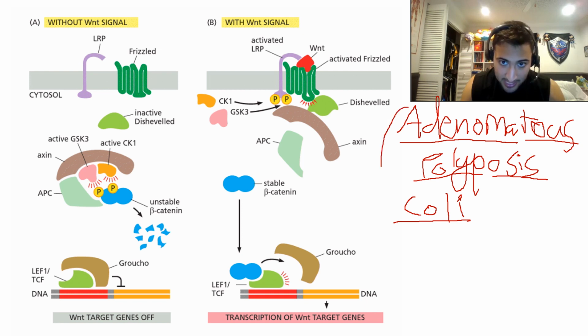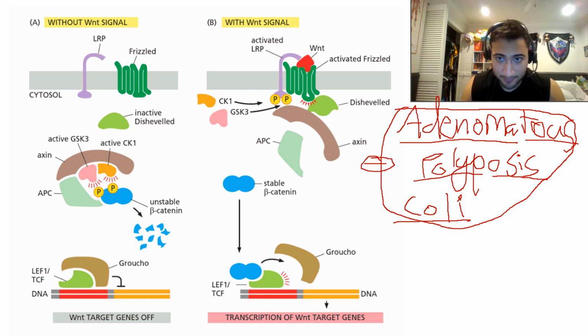Mutations in APC, so let's think about it. If you knock out APC, what's going to happen? Beta-catenin will always be transcribing the Wnt target genes in the nucleus, right? Because normally APC keeps this sequestered. When it's sequestered, it's ubiquitinated and broken down. Let's say you have a loss of function in APC, which occurs in FAP syndrome, which stands for Familial Adenomatous Polyposis.